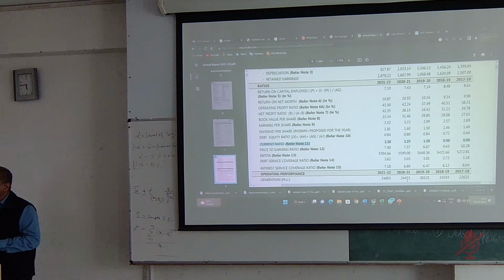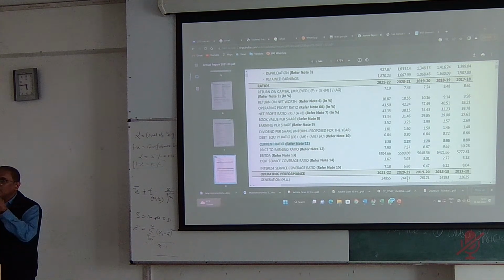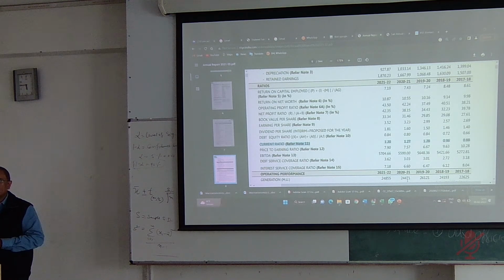So our purpose was to make it very clear that near to 1 was a comfortable ratio, lesser than 1 may be a smart ratio, higher than 1 may not necessarily be a bad ratio. That is what we are trying to make clear. But if persistently for a longer period of time these ratios are very high, it means somewhere we are not able to properly utilize our current assets effectively.